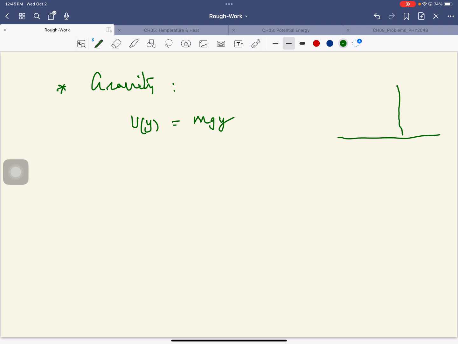In chapter 13, when you start dealing with larger planetary size objects, you will learn that this potential energy function depends on the center of mass distance between the two objects.